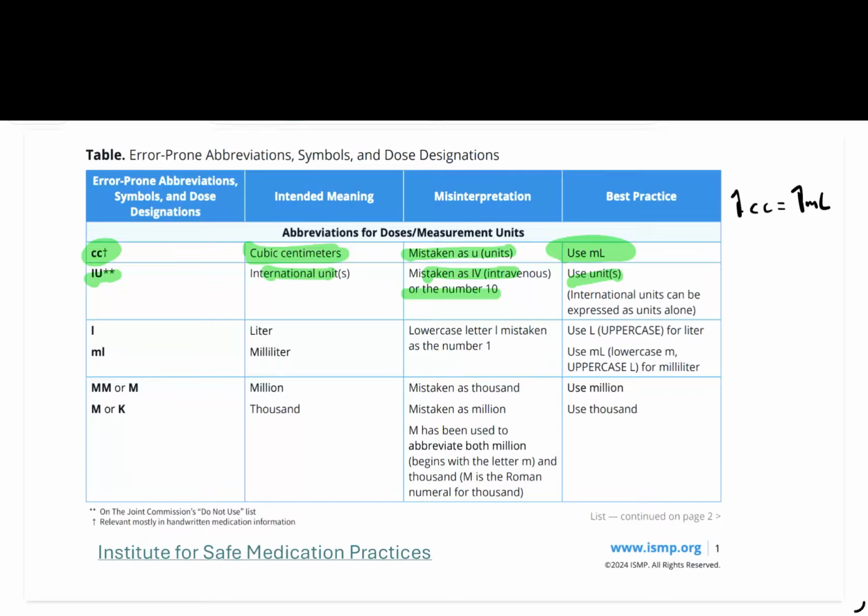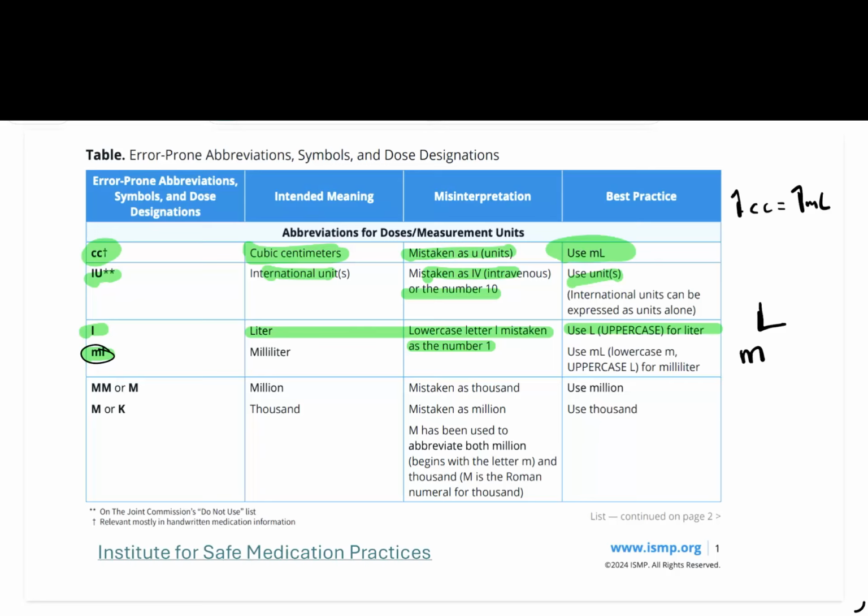Here's another one that you need to be careful of, the L or the mL. So the liter, the lowercase l is mistaken as the number 1. You want to use the uppercase L for liter. And that is something that's really important. When we write liters, we always write an uppercase L. And then sometimes people don't write that uppercase for milliliters.